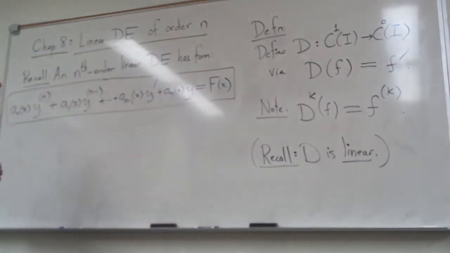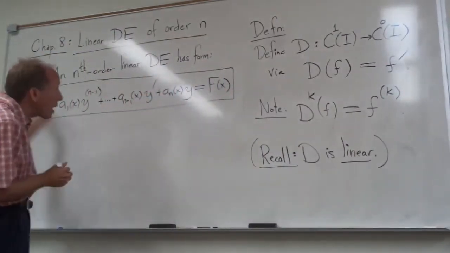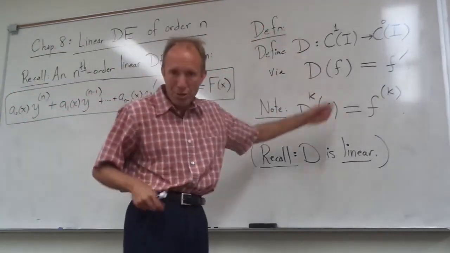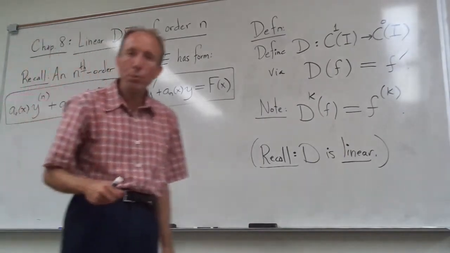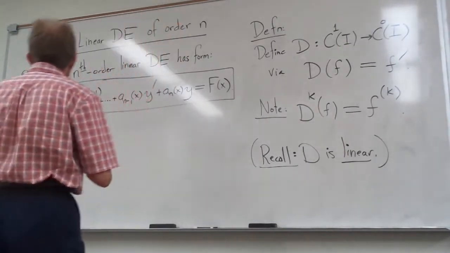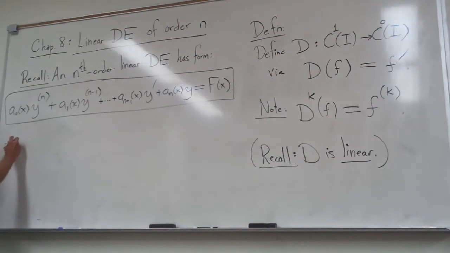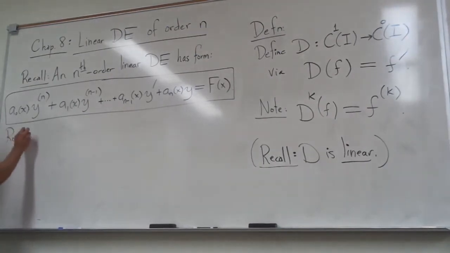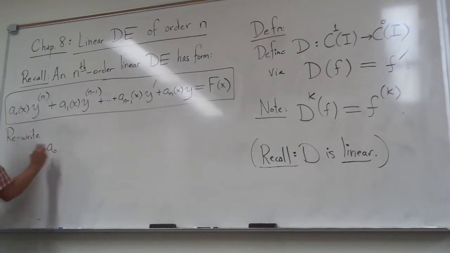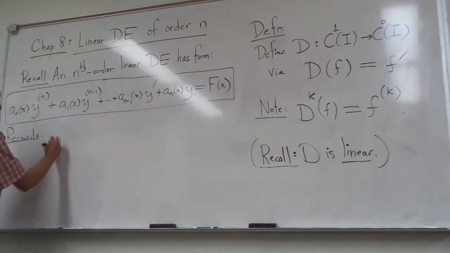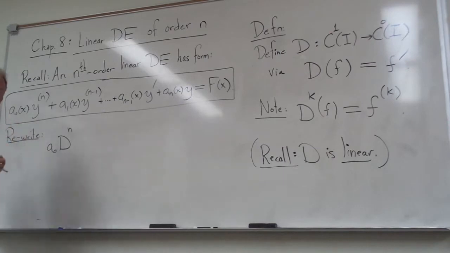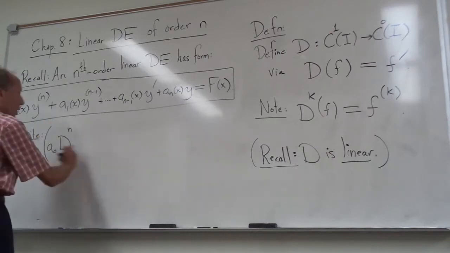Okay? Well, what I'm going to do now is rewrite this equation using the D notation. Everywhere that I'm taking a derivative, I'm just going to put in a D to represent that derivative. By the way, I'm also going to stop writing the x in here. I'm just going to write a naught, but it's really a naught of x. And n derivatives is going to be D to the n, of y.